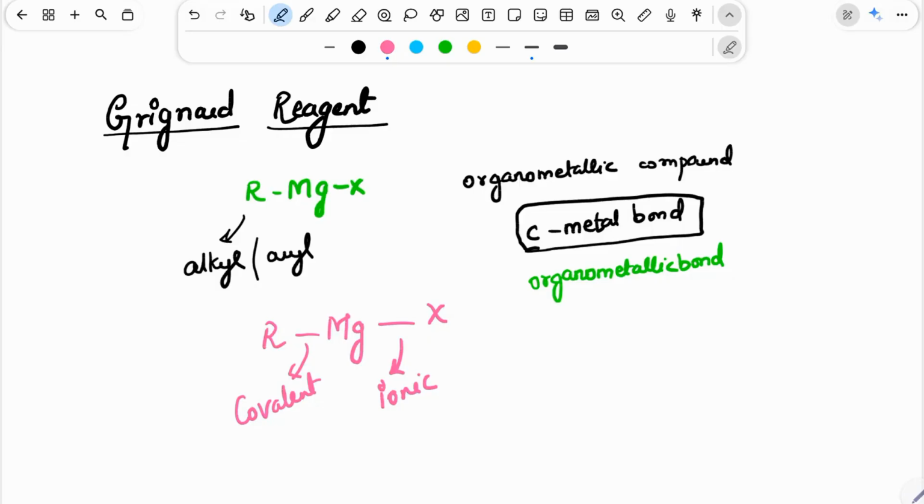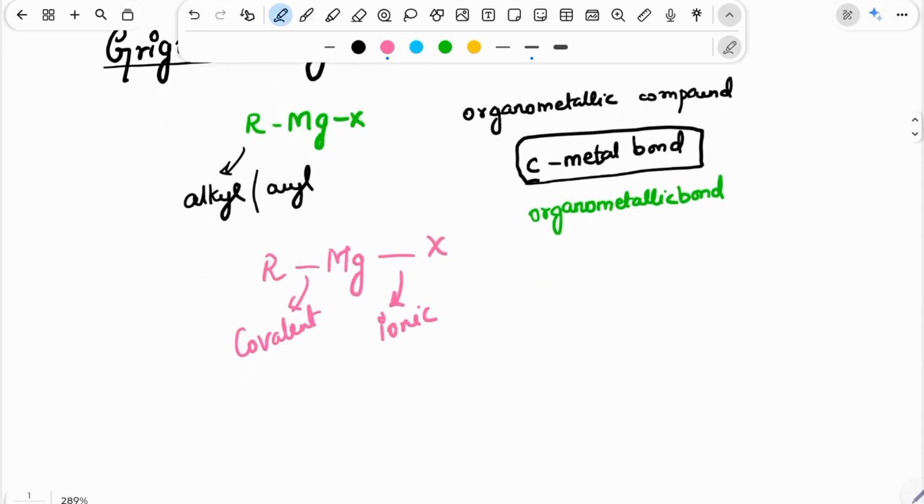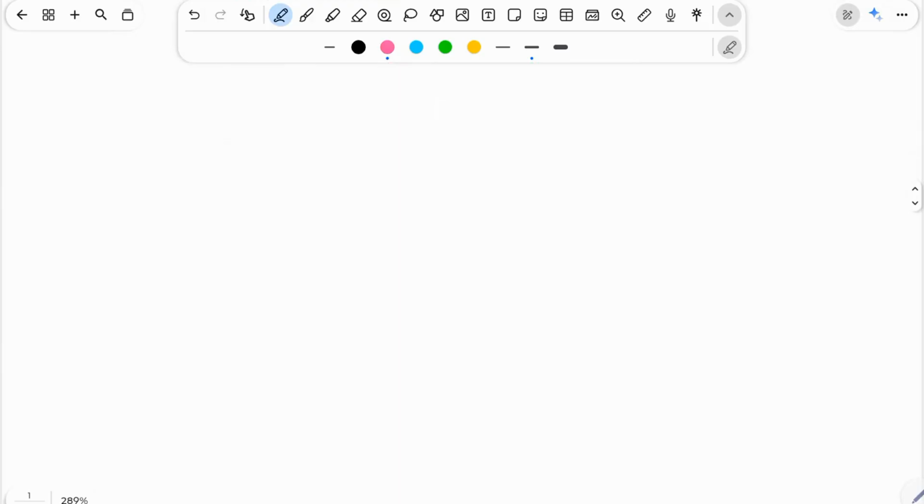Now, how can we prepare this Grignard reagent? We can prepare it from haloalkanes or haloarenes. What is the general formula of haloalkanes? RX, right? In most cases the X can be chloride, bromide or iodide.